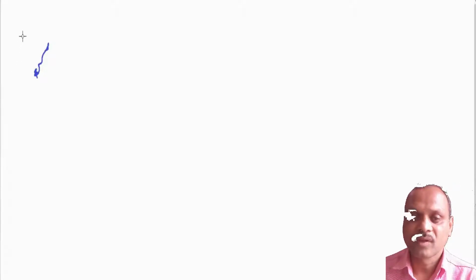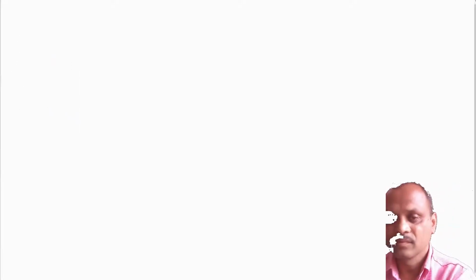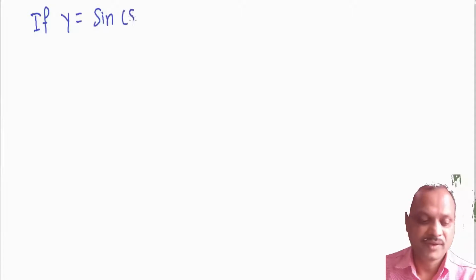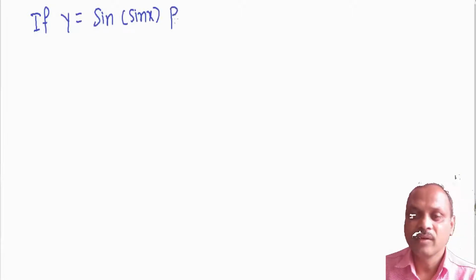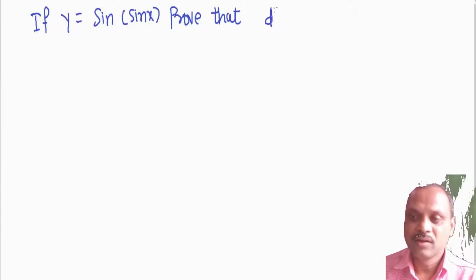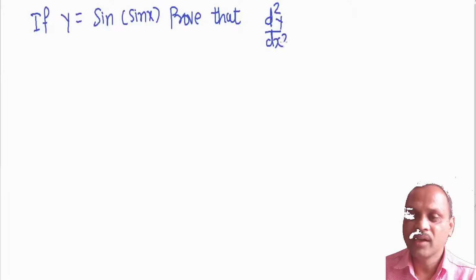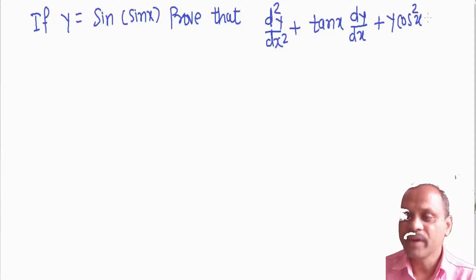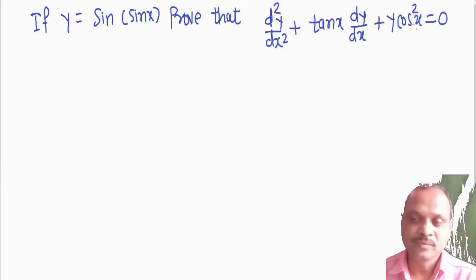If y equal to sine of sine x, then prove that d2y by dx square plus tan x into dy by dx plus y into cos square x equal to 0.